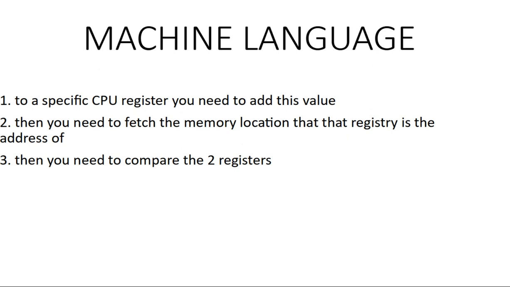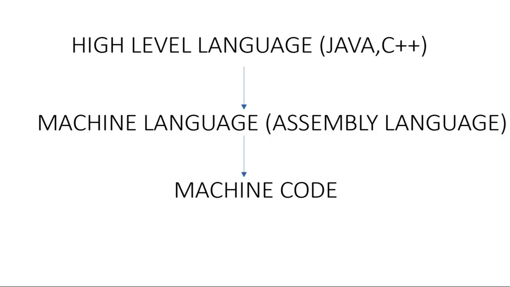And if you write, let's say, War and Peace, the novel from Tolstoy, in binary, the CPU will not understand it, of course. There's nothing the CPU can do with it.